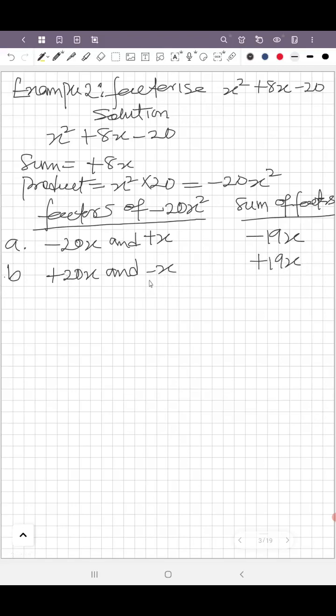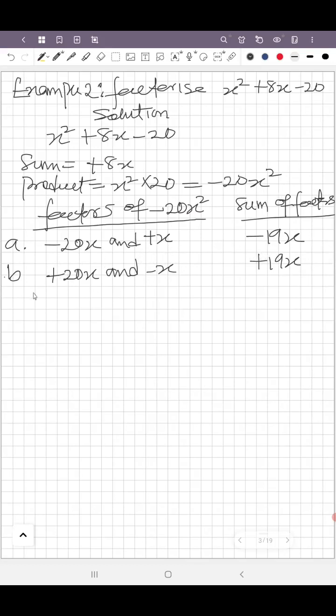But recall, plus times minus surely gives you minus, so 20x times x gives 20x², telling us that plus 20x multiplied by minus x gives minus 20x². Minus 20x multiplied by plus x also gives minus 20x², but their summation is quite different.